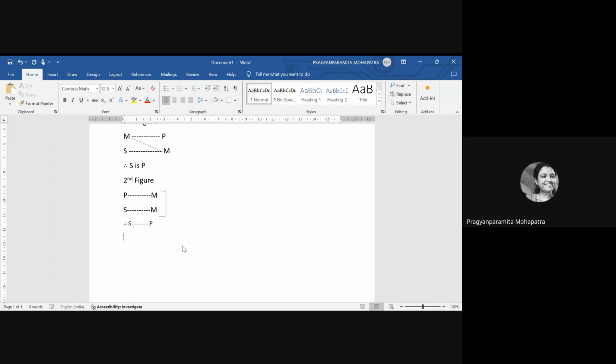Then third one is your third figure, where middle term is in the subject place in both the premises.